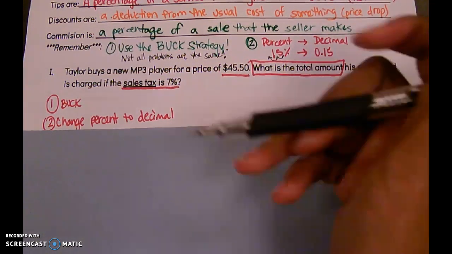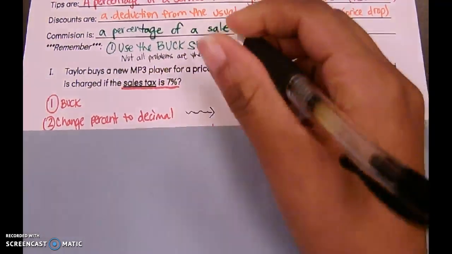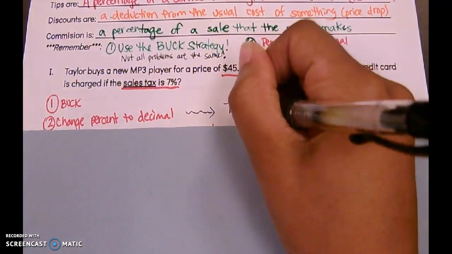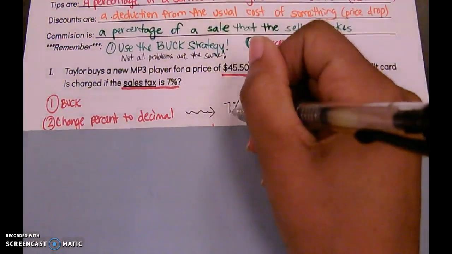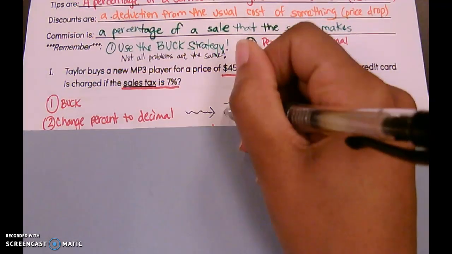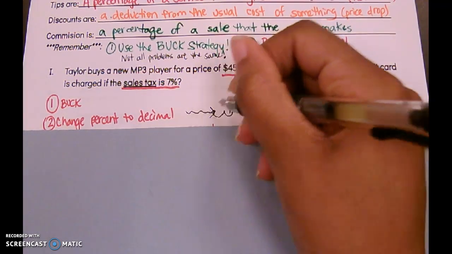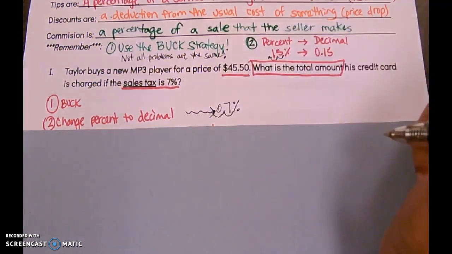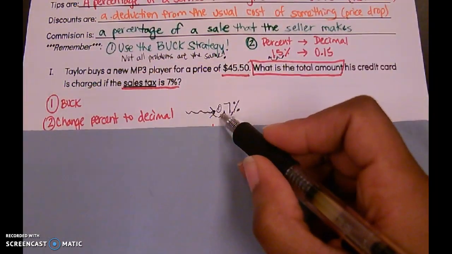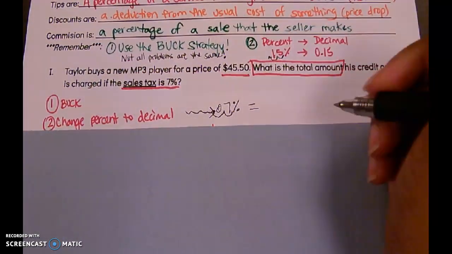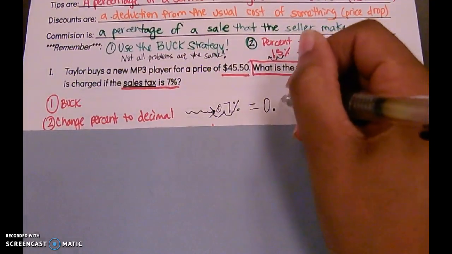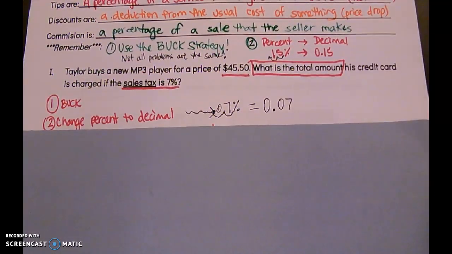So, in order to do that, I'm going to remember that 7%, if I move the decimal over 2 times, 1, 2, then I'm going to put a little 0 in that nook, and that as a decimal is going to be 0.07. Okay?